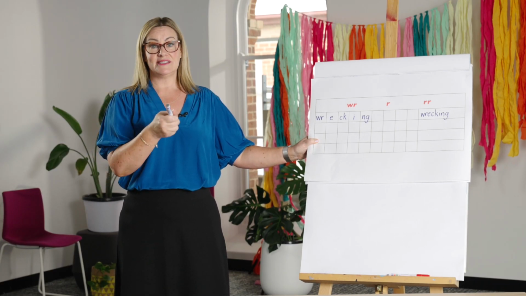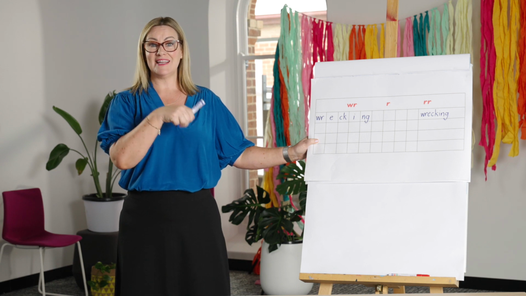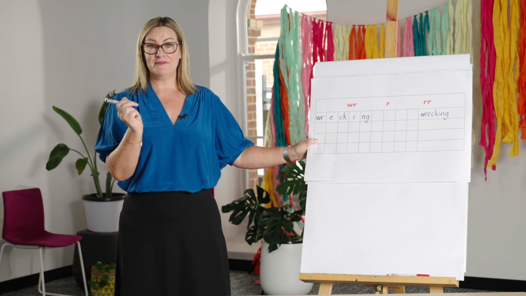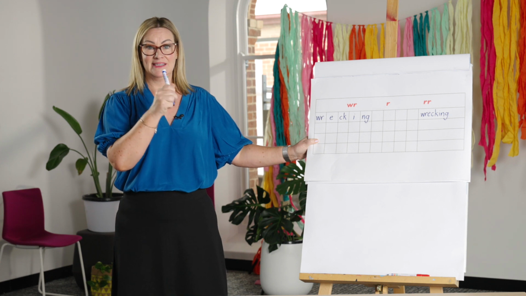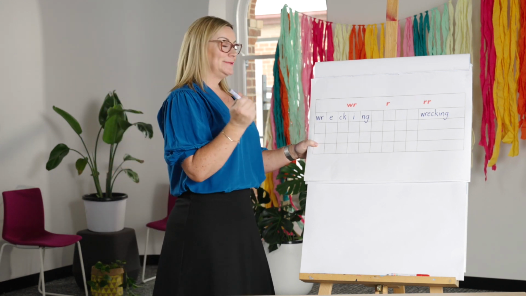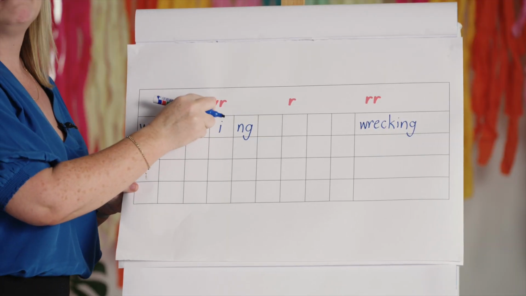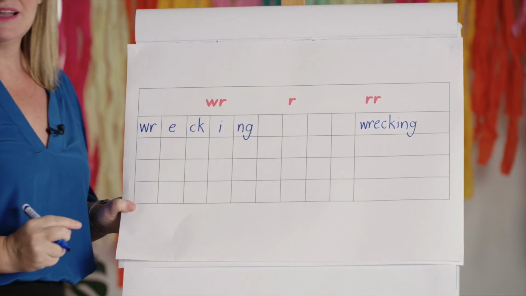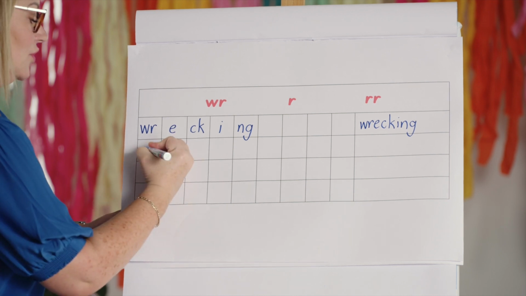Next word. Our next word is right. Now, this is a direction which is the opposite to left. Left, right. It's a direction. It can also mean correct. Am I going to use this? No. Here. Let's go. Right.